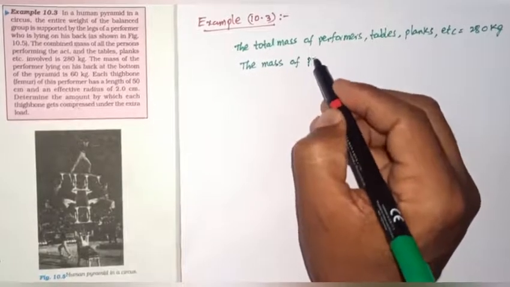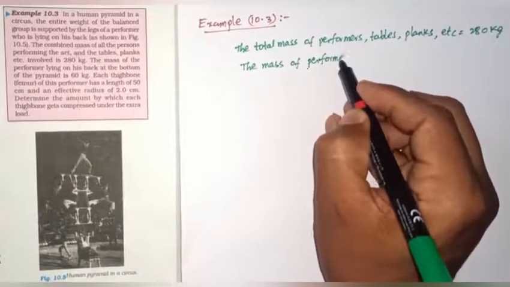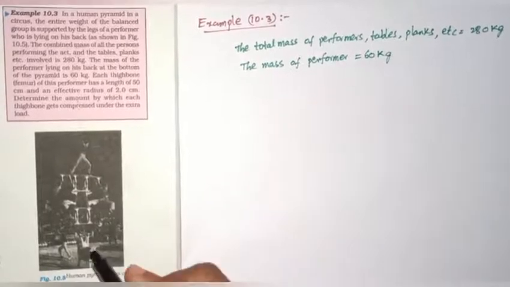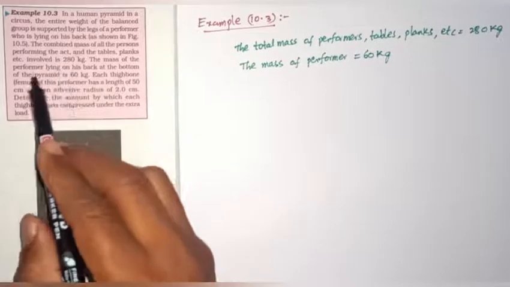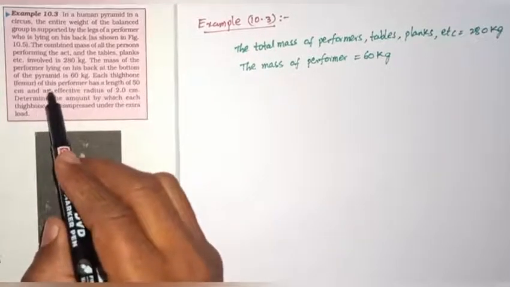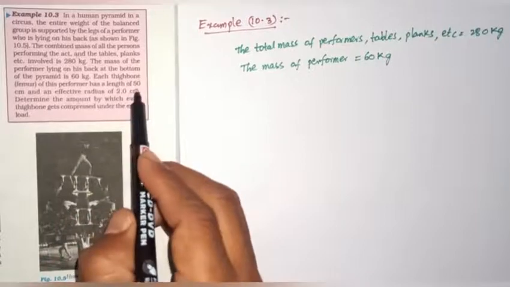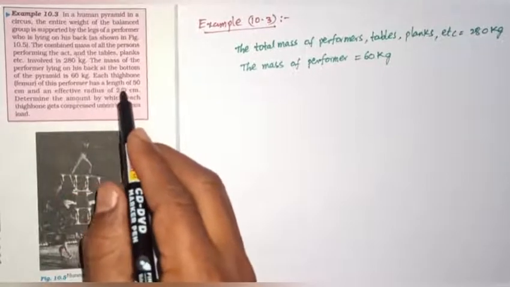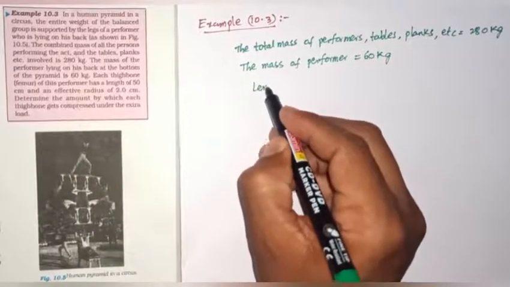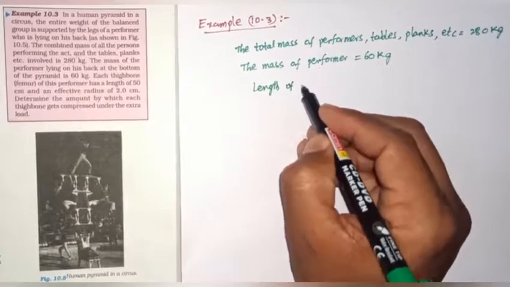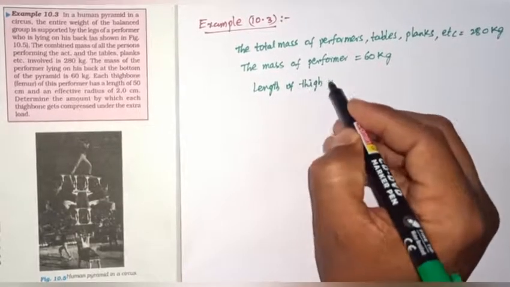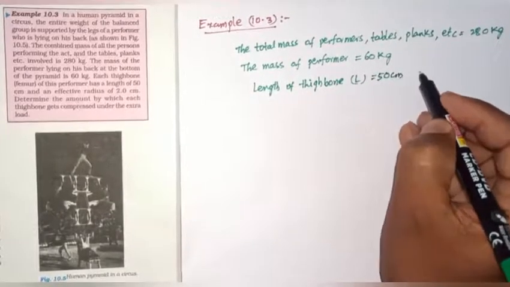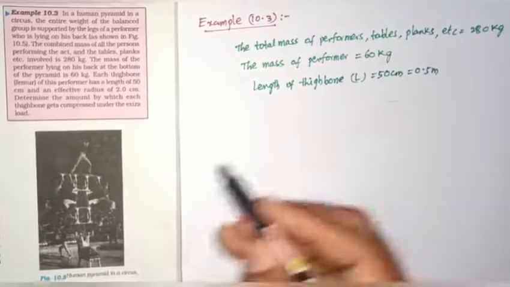Each thigh bone of this performer has a length L equals 50 centimeters, that equals 0.5 meters.